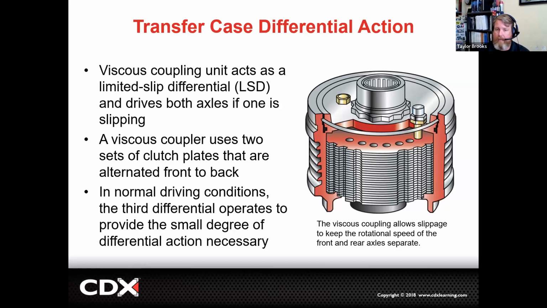But once we get a certain amount of slippage of the clutch discs, it heats the fluid up to where the fluid almost becomes solid. It locks the clutch discs together, and then it's able to transfer torque to the front axle at that point. And it won't uncouple until the fluid cools down and becomes more viscous again, and it then unlocks itself.